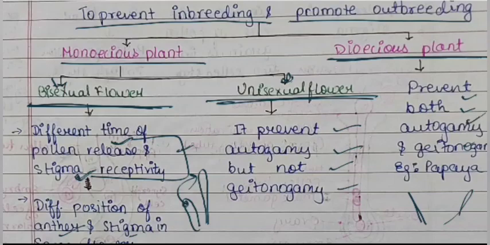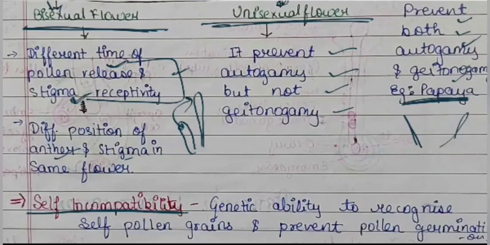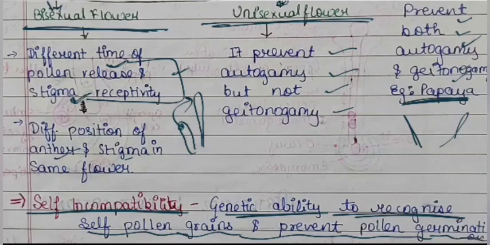So basically this happens in the case of papaya. Coming to self-incompatibility, that is a genetic ability to recognize self-pollen grains and prevent pollen germination by bisexual flowers.